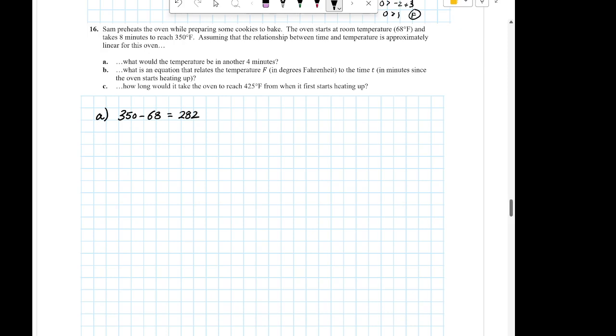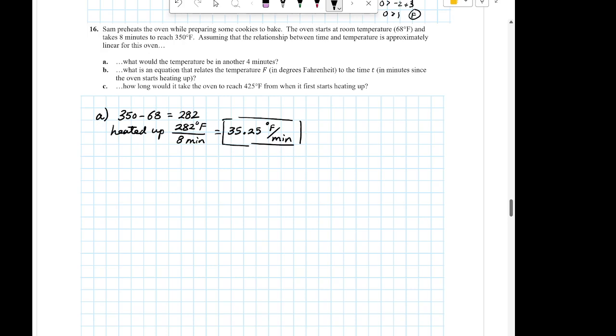So it heated up 282 degrees Fahrenheit in 8 minutes, which is the same thing as saying if I did 282 divided by 8, that's 35.25 degrees Fahrenheit per minute. So that's how fast it's heating up every minute.